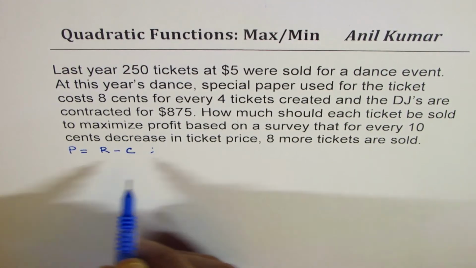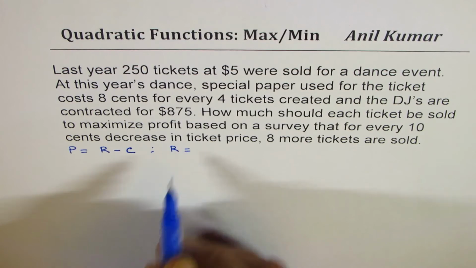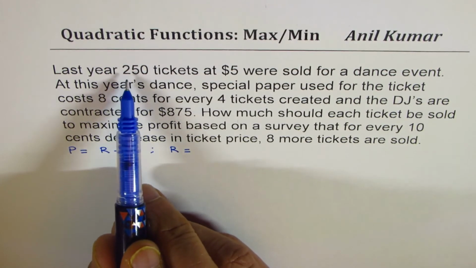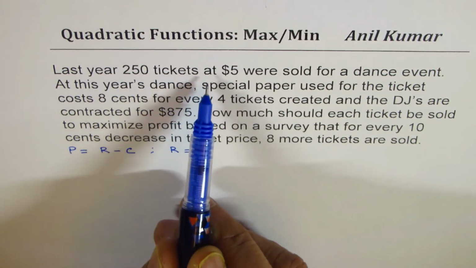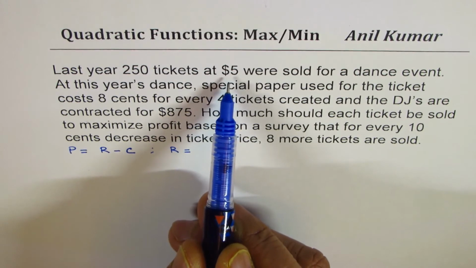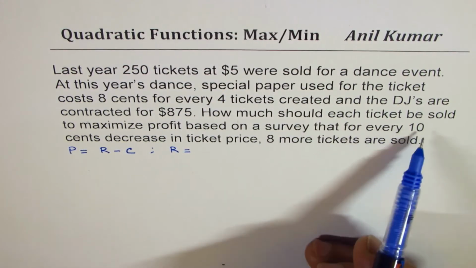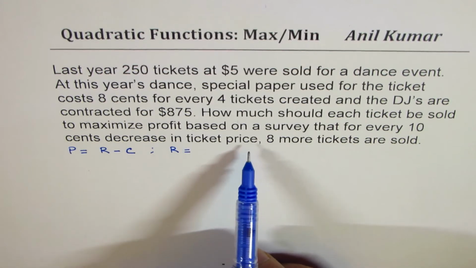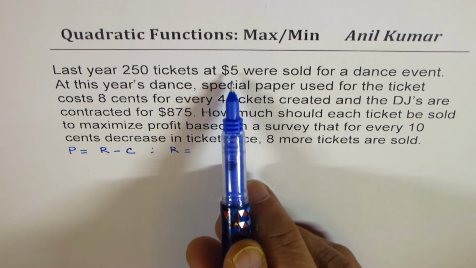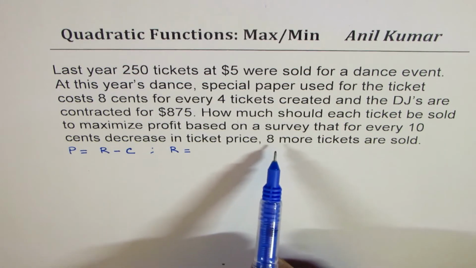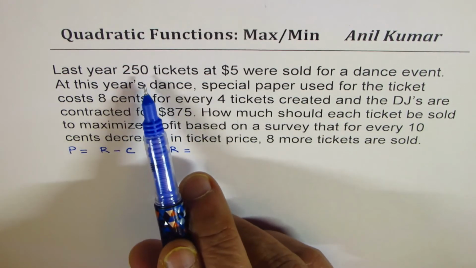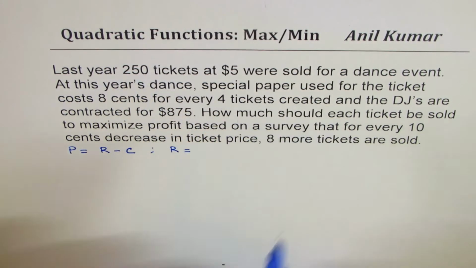So here we are given that last year 250 tickets were sold when the ticket price was $5, and a survey says that for every 10 cents decrease in ticket price, 10 cents from 5, 8 more tickets are sold, right? So number of tickets increased by 8.